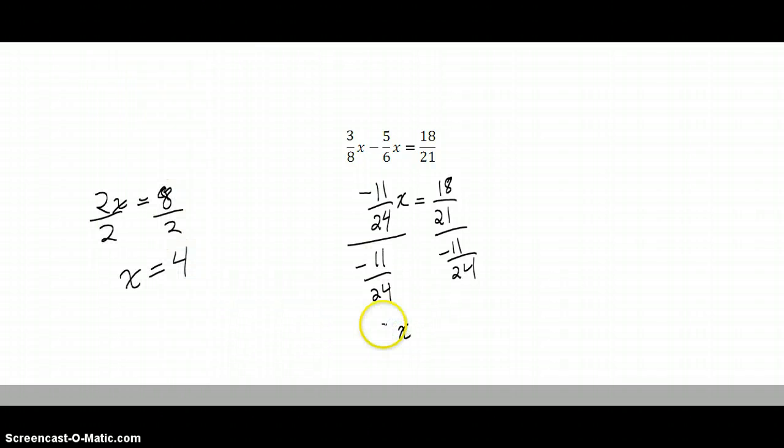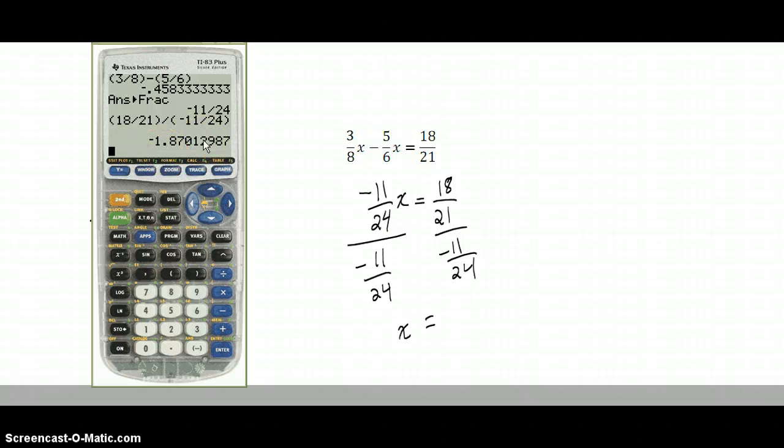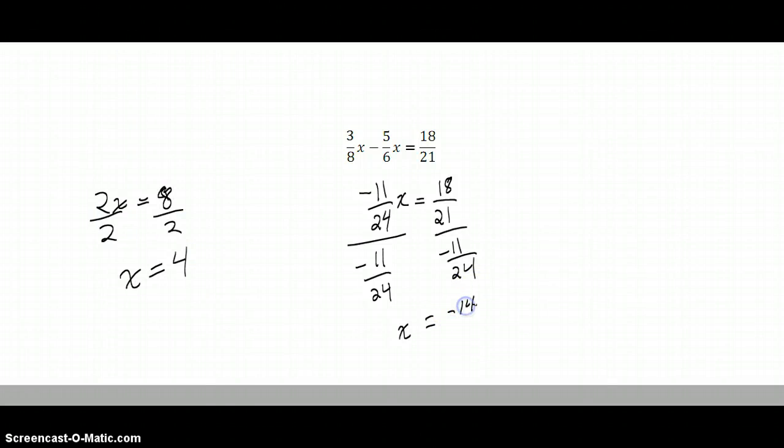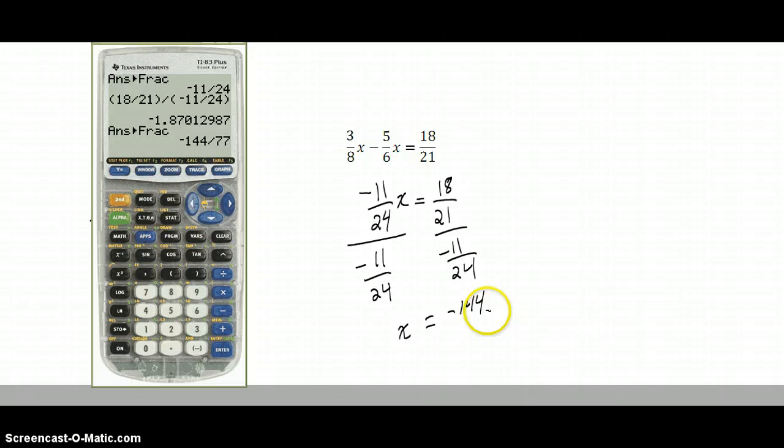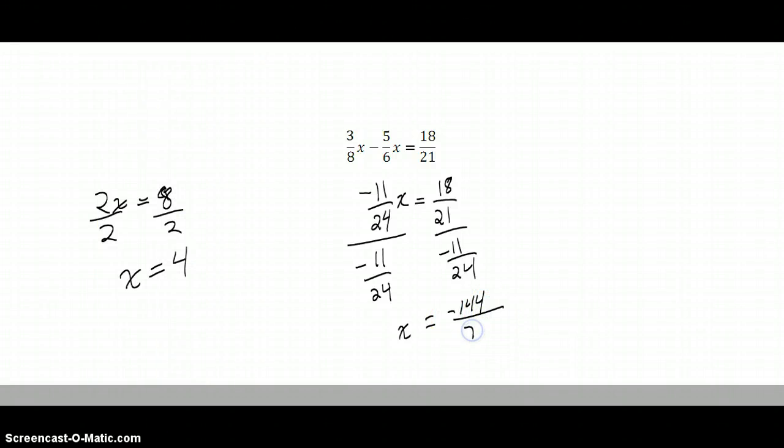And you end up having x equals, and it did say negative 1.87, and it continues on. So let's see what that is as an improper fraction. So math, fraction. It is negative 144 over 77. So this would be our answer.